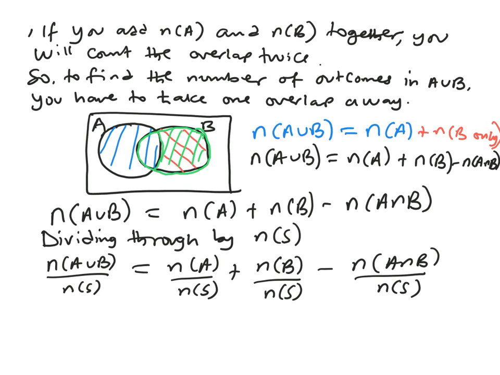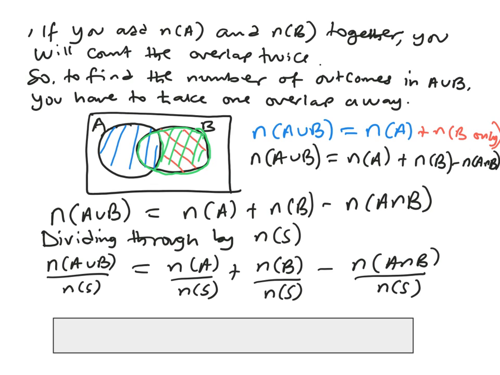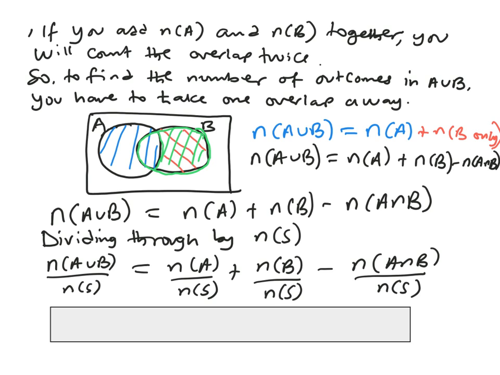Now we define the probability as number of events over number of sample space. So the number of A union B divided by the number of the sample space is the probability of A union B. Let me highlight this by writing something which is going to be useful for all of you.